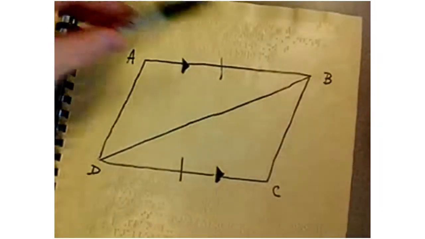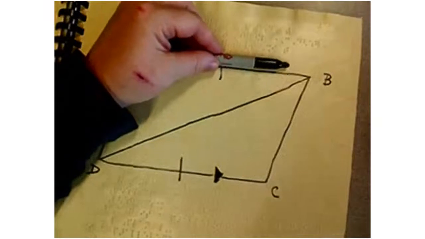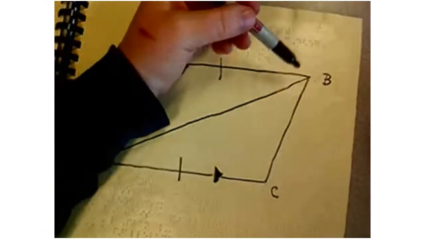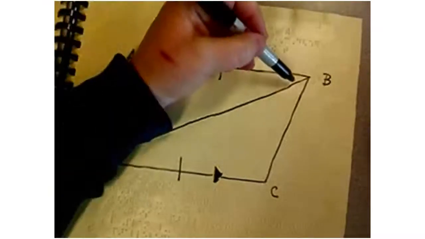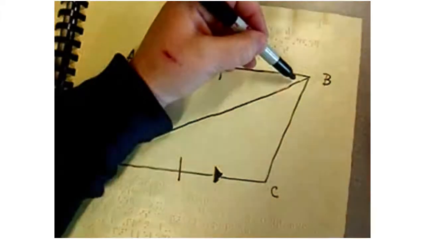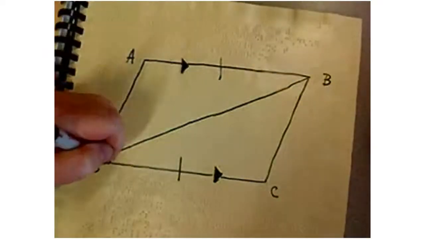Then number 4, it says triangle ABD is congruent to triangle CDB. And the reason why we get to say that is SAS, side, angle, side. If you go back to your drawing, we have the side at the top. We have the angle up there at ABD at the top right, because we already said that angle is congruent to the bottom one, CDB.